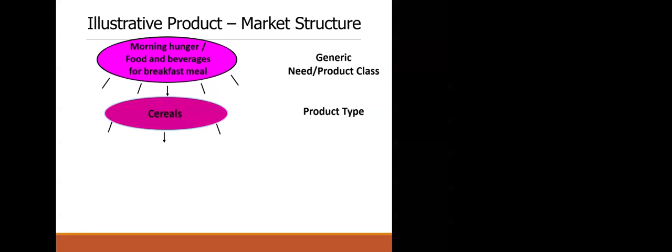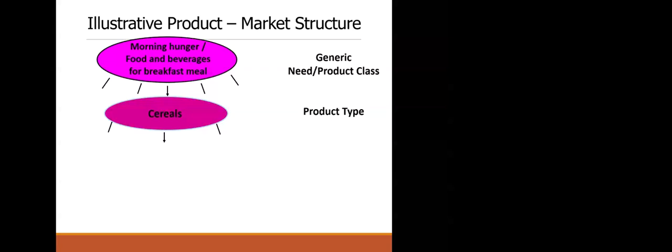Each one of these little individual arrows could be a different thing. And I've just pointed down to cereals. That's one type of food that someone could eat for breakfast, right? That's a product type though. So cereals indirectly compete with eggs and bacon, but eggs and bacon and cereal are not the same product category. They're different product categories, even though they satisfy the same need, right?